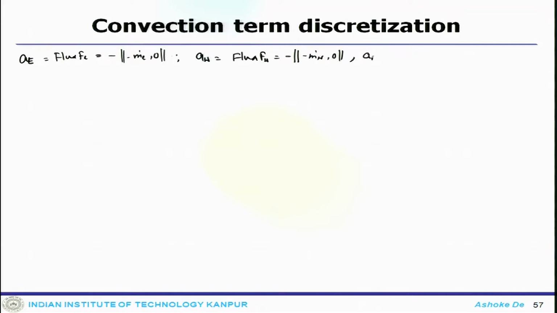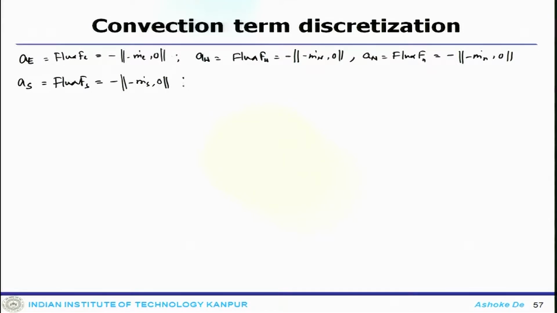Then you get AN, which is flux Fn, minus m dot N0, then AS, which is flux Fs, minus m dot s0.